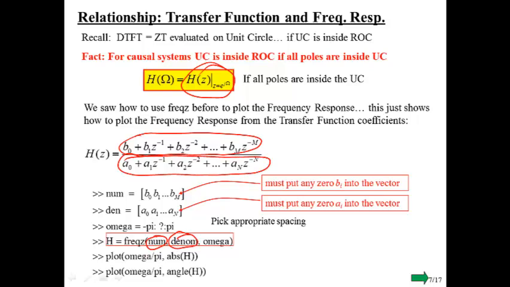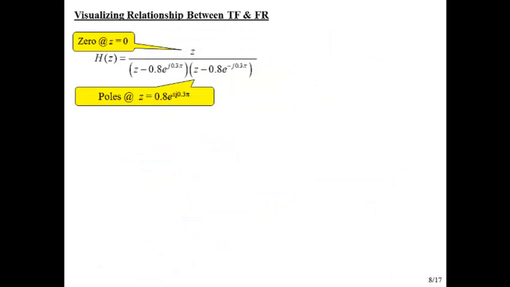So we look at the z inverse form of our transfer function, pick off the coefficients as appropriate, fill them in here, pick some appropriate range and grid spacing for our omega, fill that in here, and go ahead and compute and plot the frequency response.